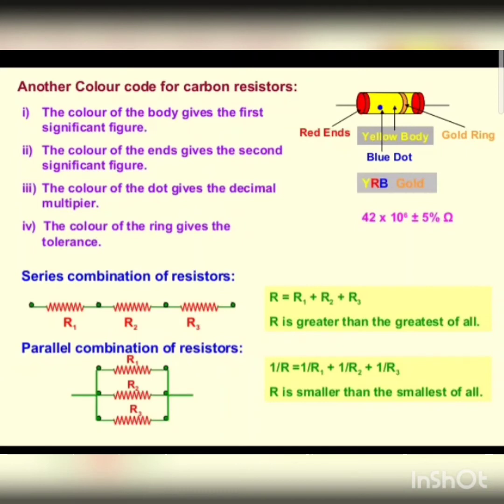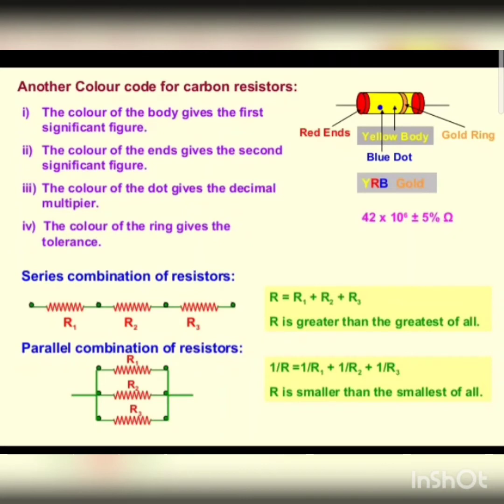Now the next topic is resistors in parallel combination. Let us consider resistors of resistance R1, R2, R3 connected in parallel. Let I be the current flowing through the resistors R1, R2, R3 in the names of I1, I2, I3. In this case, the potential is common. According to Ohm's law, V by R is equal to V by R1 plus V by R2 plus V by R3.